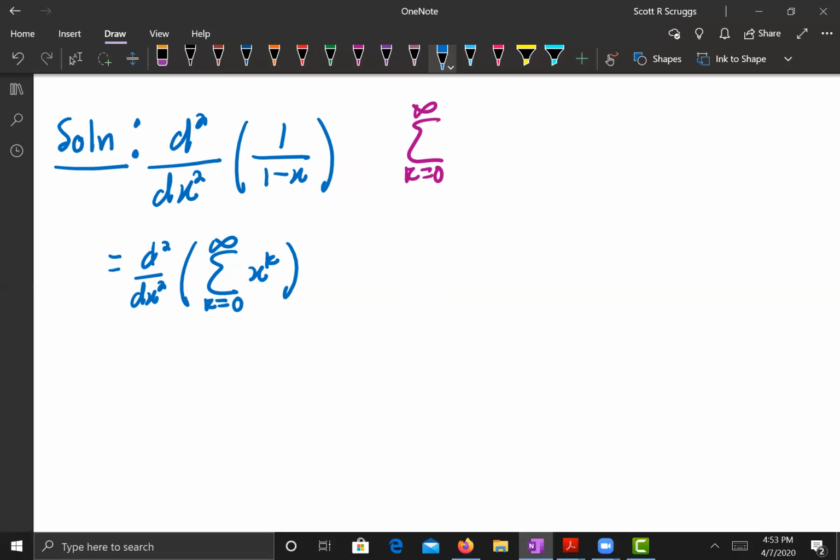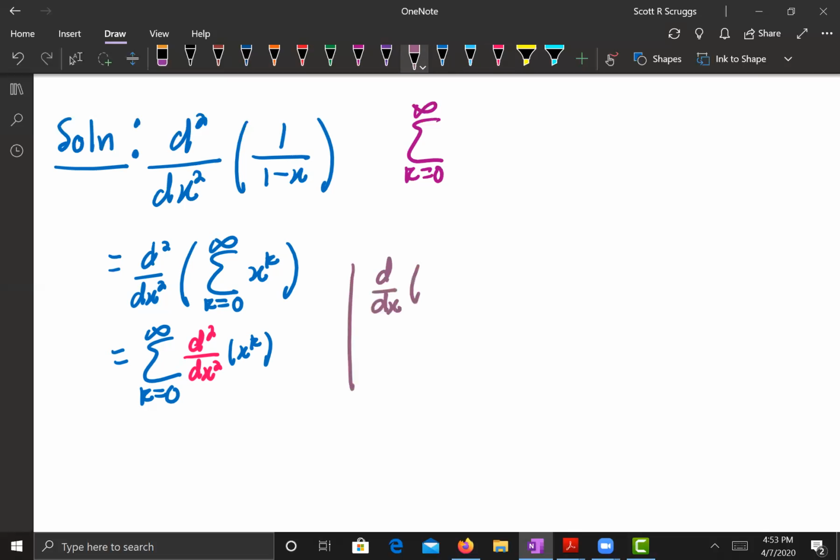And so our property of power series tells me that when I'm taking a derivative, I can move that derivative inside and take it term by term. And so let's do that real quick, on the side.